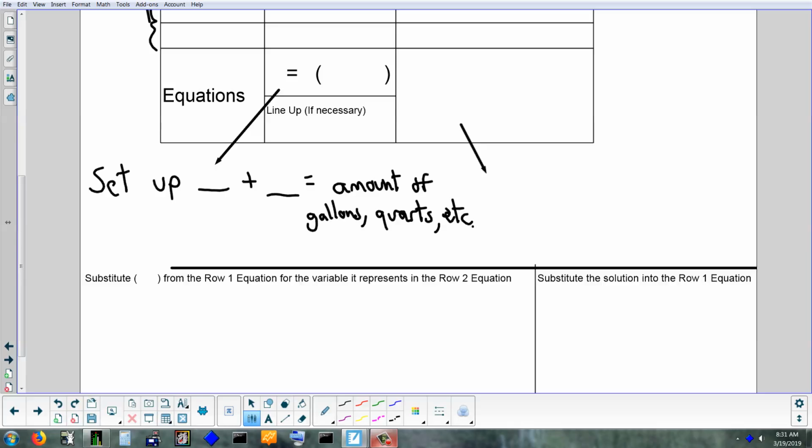Whatever single variables we used, X, Y, A, B, doesn't matter, whatever we used here, equal to the amount we want to make. The amount's always going to be in gallons, quarts, ounces, whatever. All right? So here, our single variables, there's nothing attached. It's going to be equal to however much we're trying to make, however many gallons, ounces, whatever that particular problem says. All right? It's going to be set up just like that.